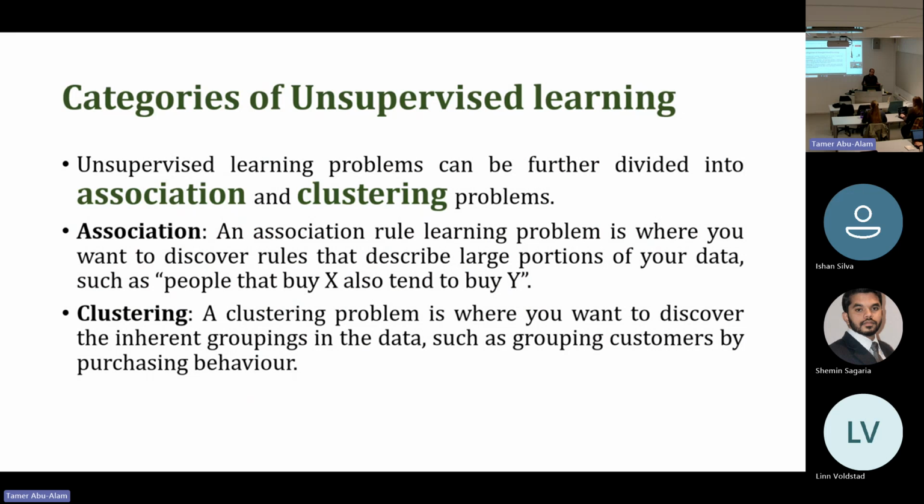Clustering, it's easy peasy again to remember. It's the same example that we ran last week. When we start to cluster data, we don't know exactly how many clusters we have, right? You just give the data to the code, and you ask it to classify or to cluster your data. So it's without any labeling. So an association rule learning problem is where you want to discover rules that describe a large portion of your data.